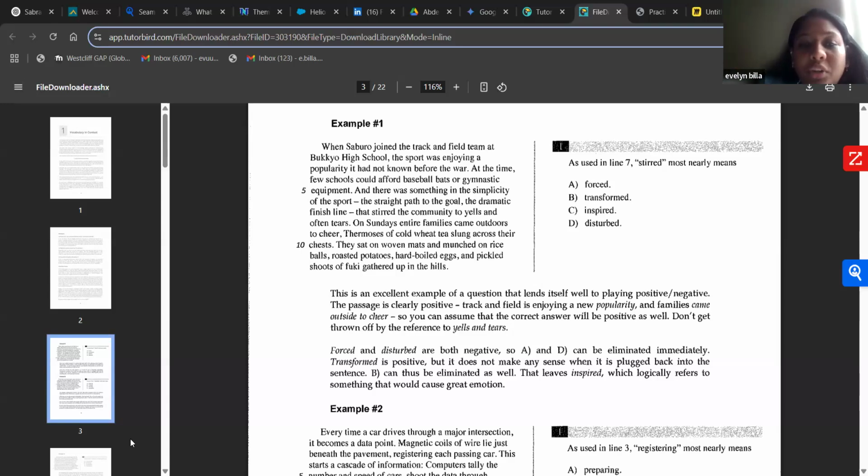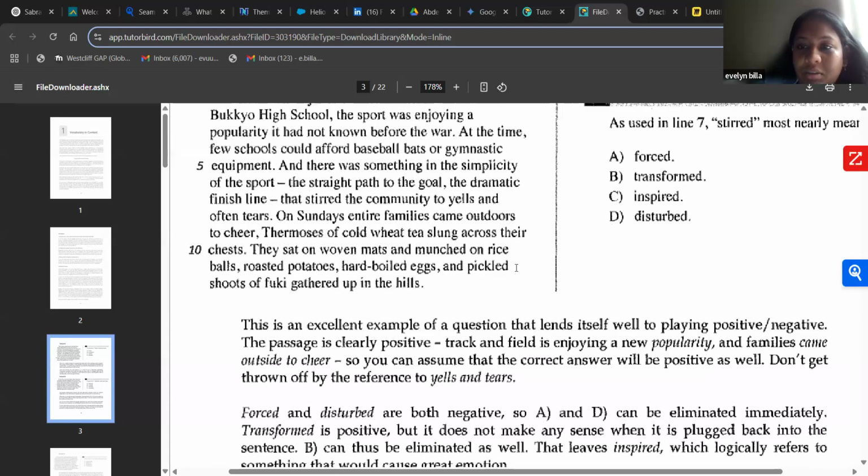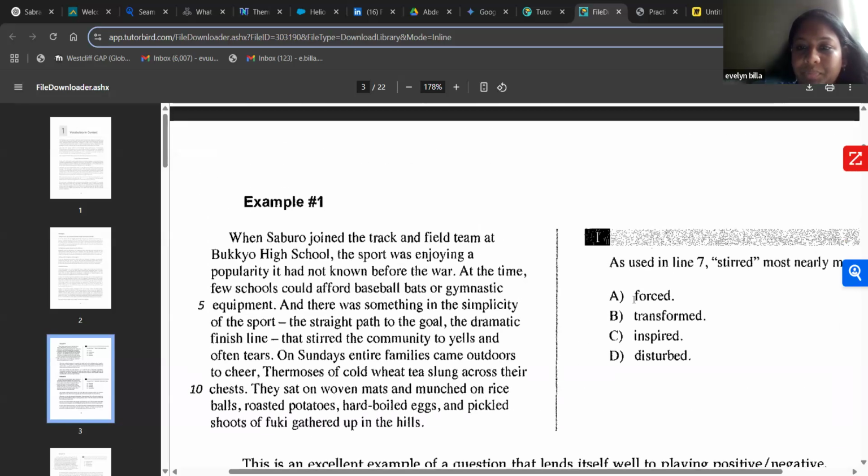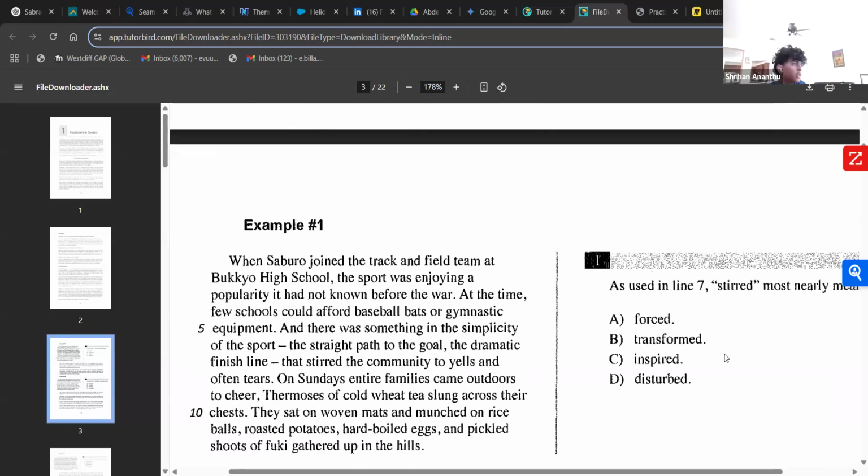According to this passage, what do you think is the correct answer, Srihan? Could you read the question? You keep cutting off for me. Okay, the question is right here. Can you see? As used in line 7, right? Yes, that question.